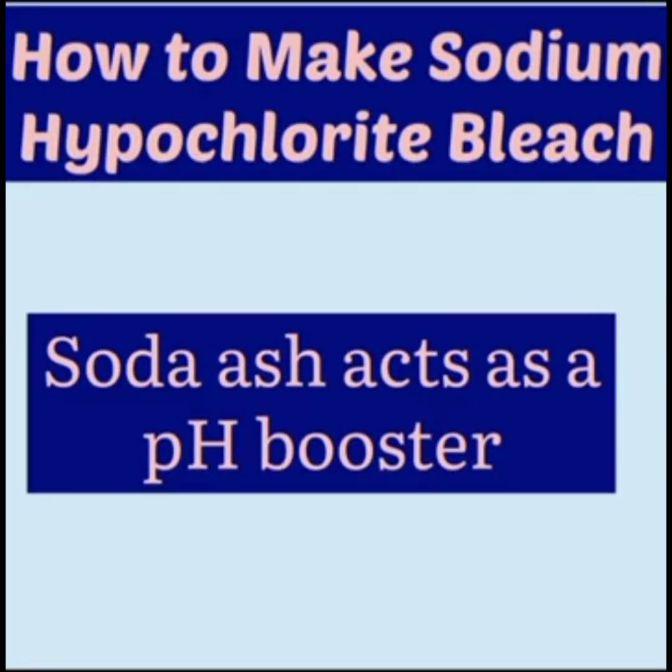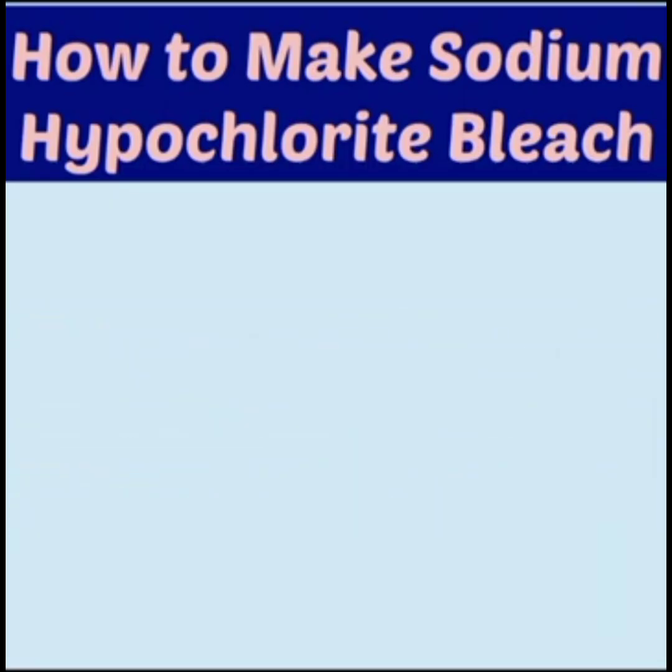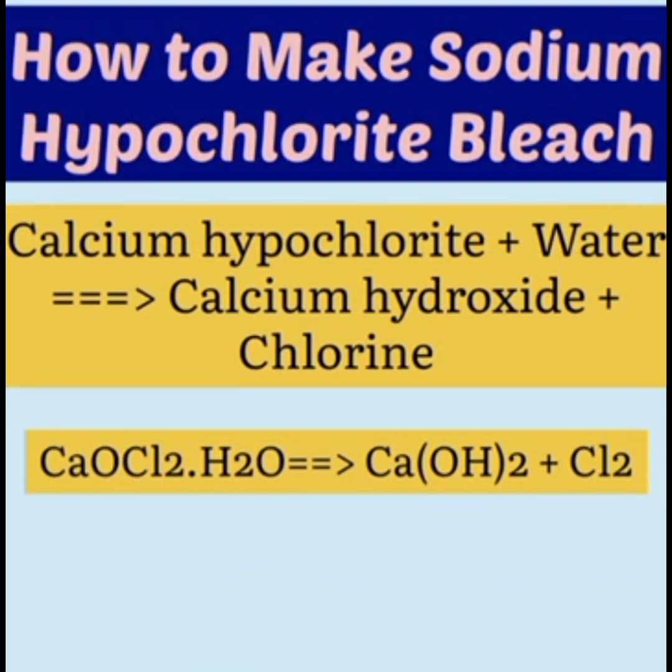Alright, so now let's see the reactions that are going to be involved in this preparation. The first reaction is the reaction of calcium hypochlorite with water. When calcium hypochlorite, which has this formula, reacts with water, it is going to split into calcium hydroxide and chlorine.